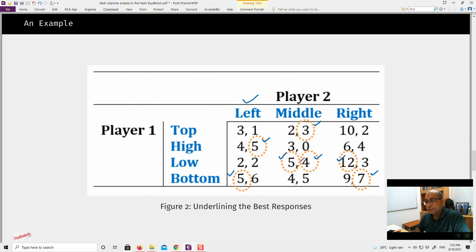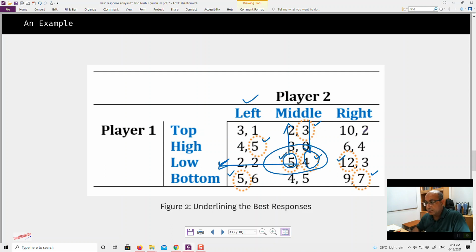For each player there is a best response. So these are mutual best responses. So low is a best response against middle by player 2, while middle is a best response against low of player 1. So this cell is giving me mutual best responses.